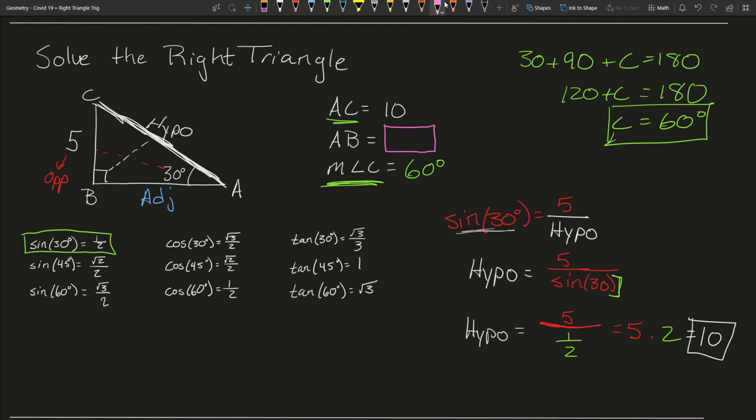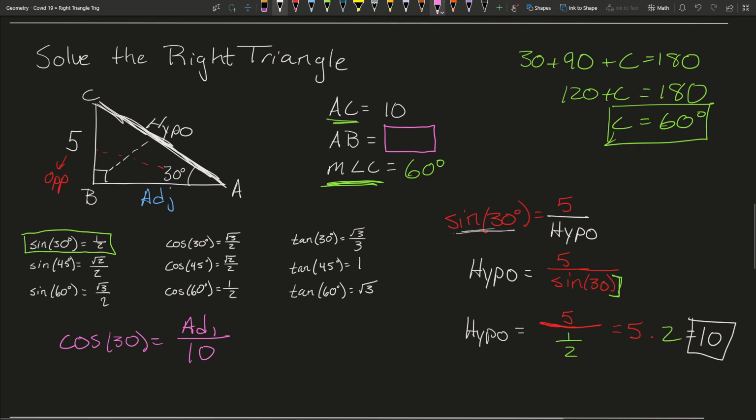You could do what we just did, but with cosine of 30. The cosine of 30 would be equal to the adjacent over 10, because we just found the hypotenuse, and then solve it that way.